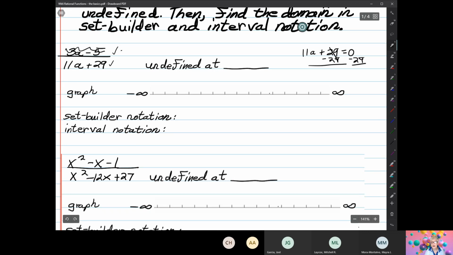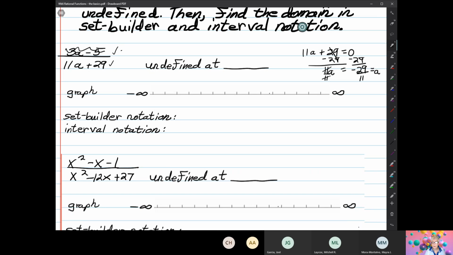Subtract 29 from both sides. That's 0. 29 minus 29 is 0. So I'm left with 11a over on the left and negative 29 over on the right. Then to solve for a, I divide by 11. So a equals negative 29 over 11.